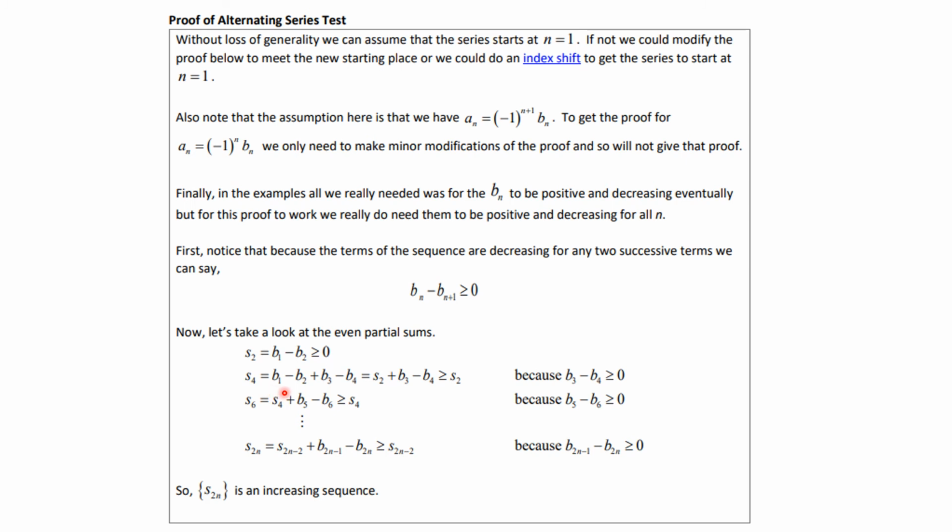S4 is going to be b1 minus b2, b3 minus b4, and so you see what we're going to prove is that the sequence, and this is a subsequence, S_2n is an increasing sequence. So here we're just taking the terms that result in a positive difference between these. So we're adding this difference in, and so we've formed an increasing sequence.